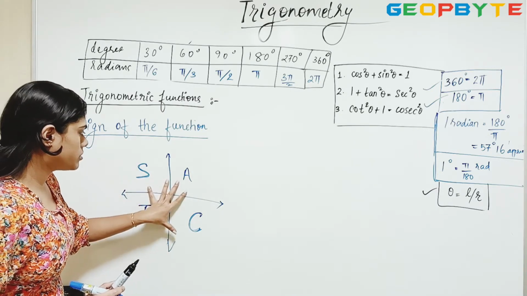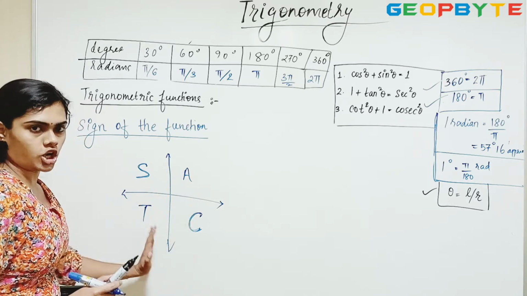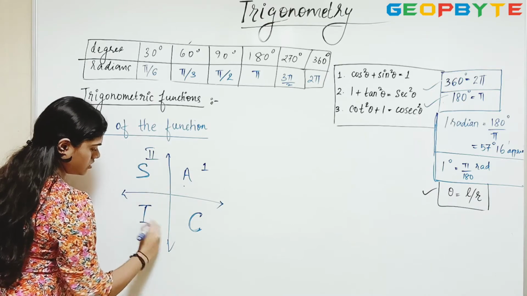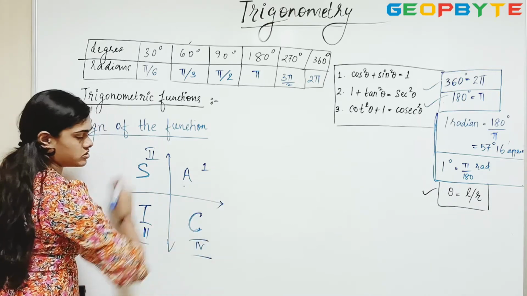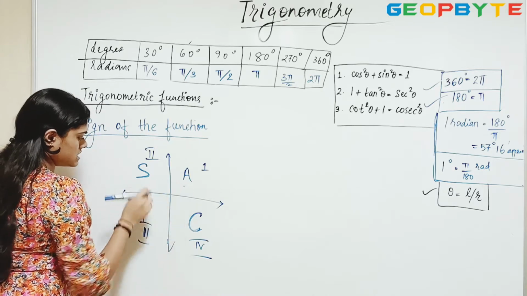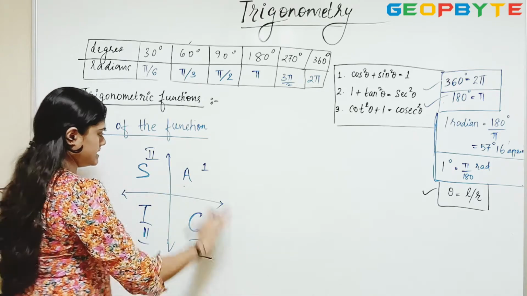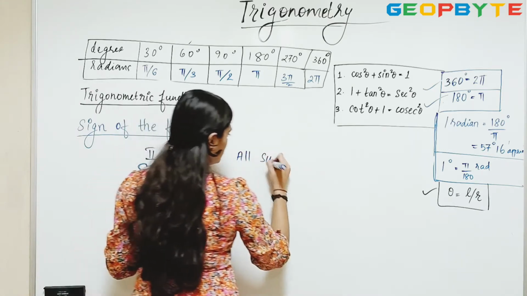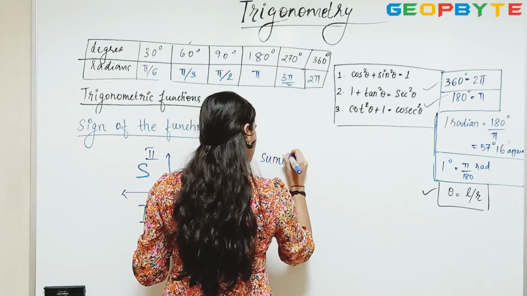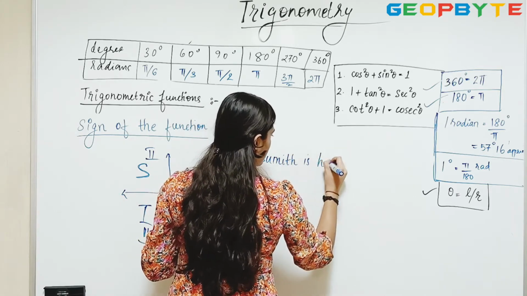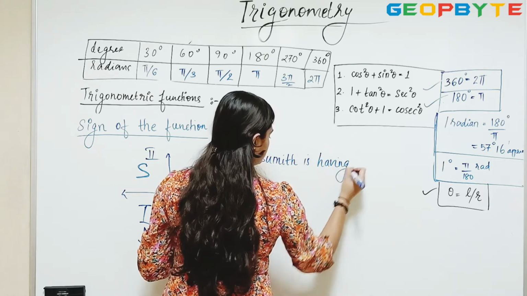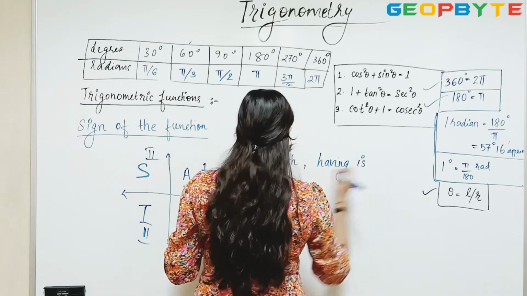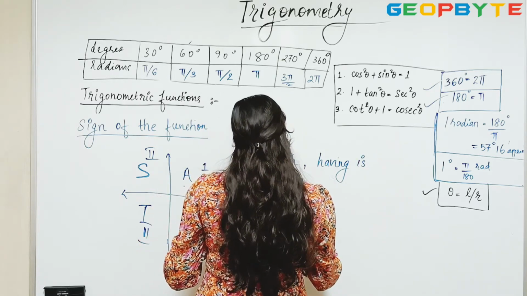So if you remember these 4 letters, one in each quadrant, A is my first quadrant, this is my second quadrant, this is my third quadrant. I hope you know the direction is anti-clockwise. This is A, S, T, C. Now I will tell you what A, S, T, C is. In order to remember that, we can use the sentence: Sumit is having his teacups.